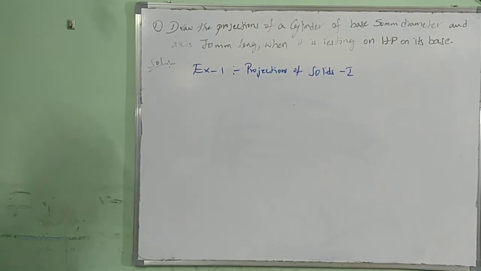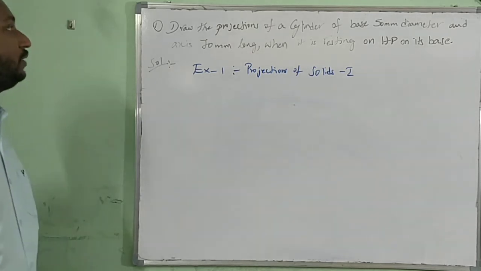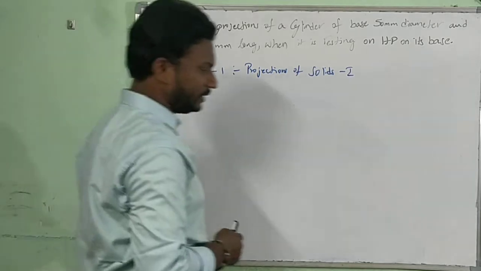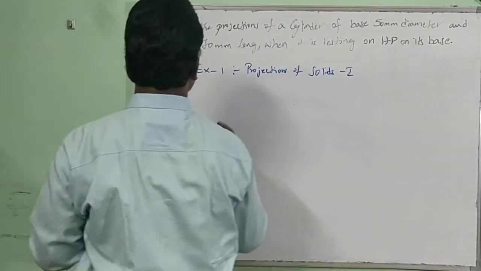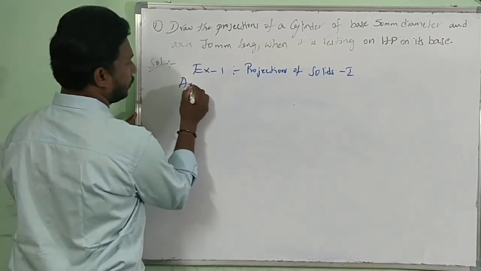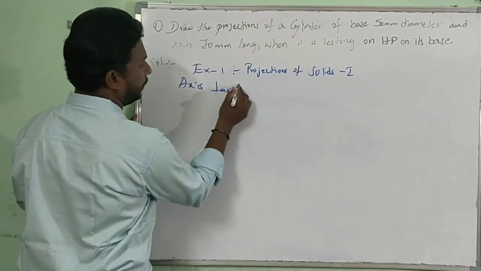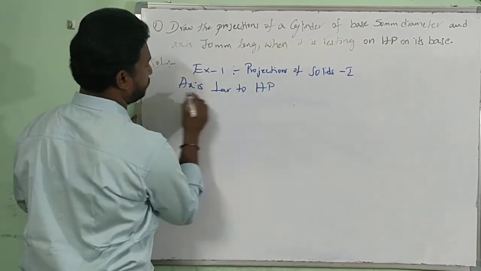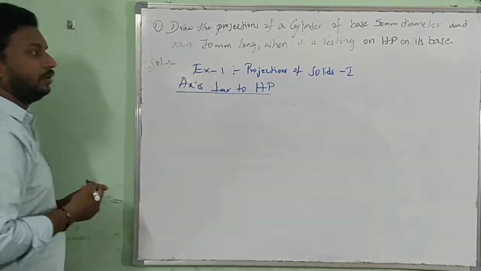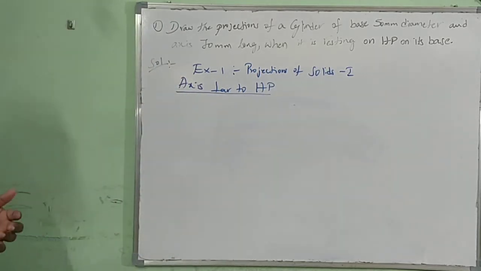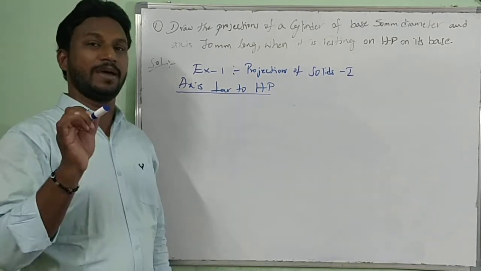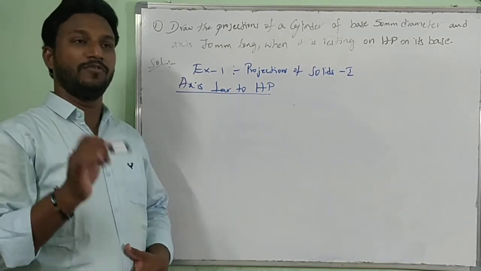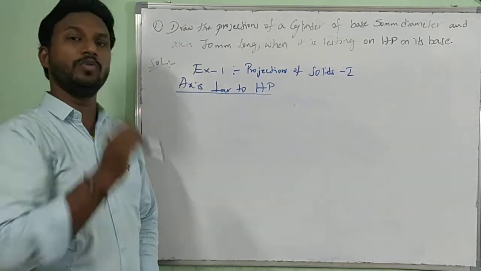First and foremost, we are at problem number 1, where the topic is axis perpendicular to HP. Do you know what we mean by axis? Axis is an imaginary line which passes from top center to bottom center.